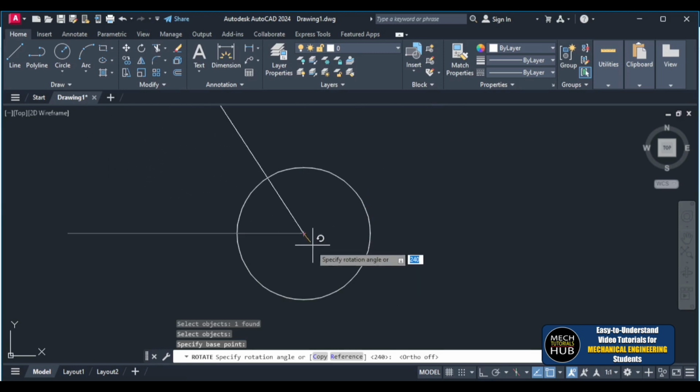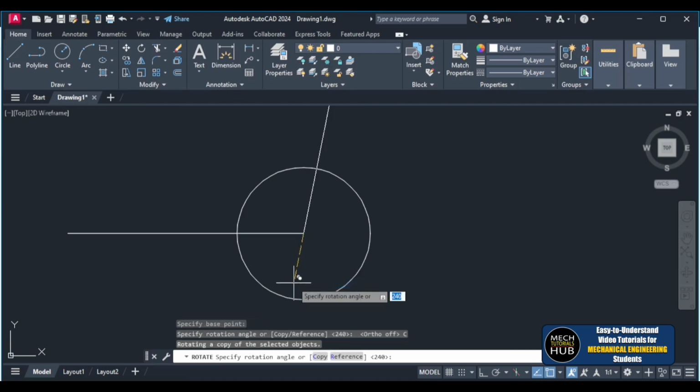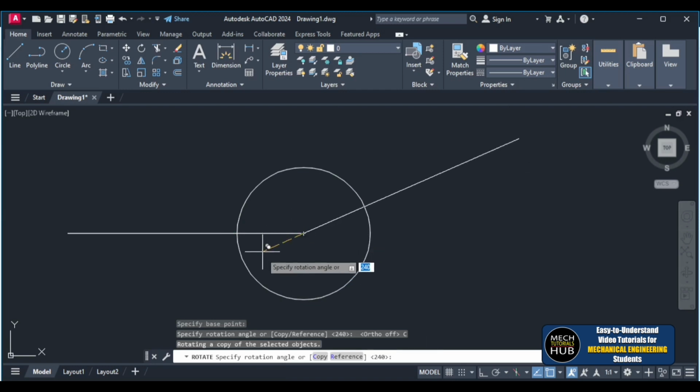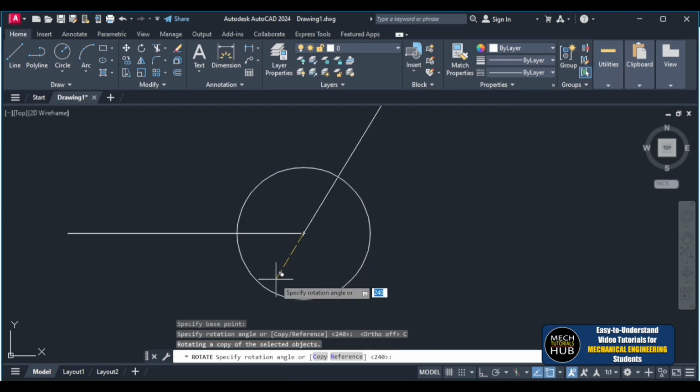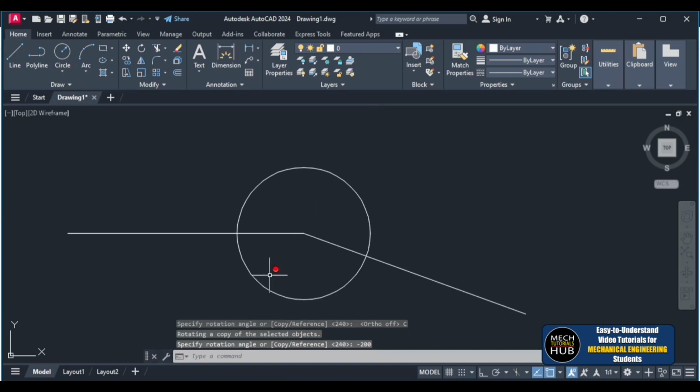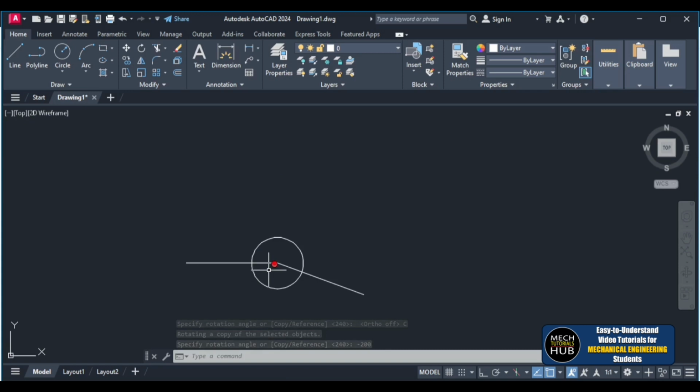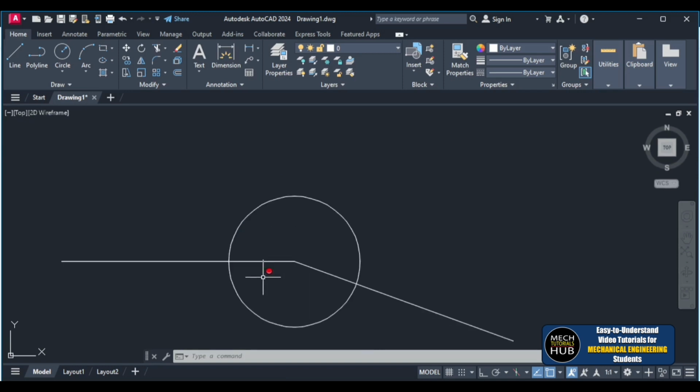If I'm rotating this horizontal in a clockwise direction, then you are supposed to give minus 200 as the angle, followed by copying the existing line. I'm taking a copy of this horizontal and rotating it to an angle of 200 in a clockwise direction. If it is a clockwise direction, the negative symbol is important. Alright, this is how it is going to be.